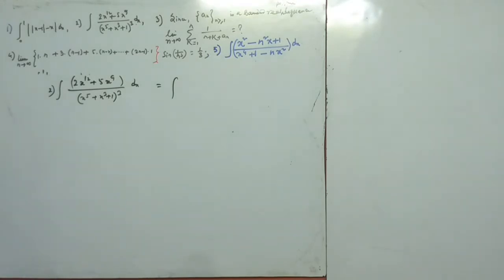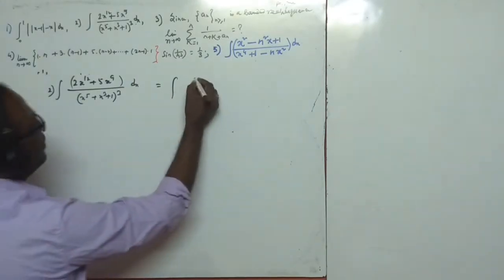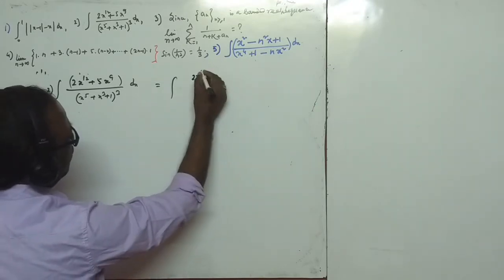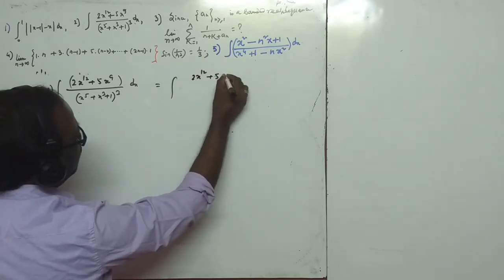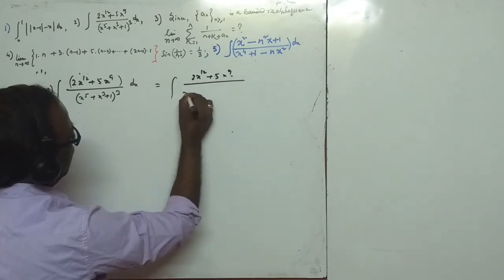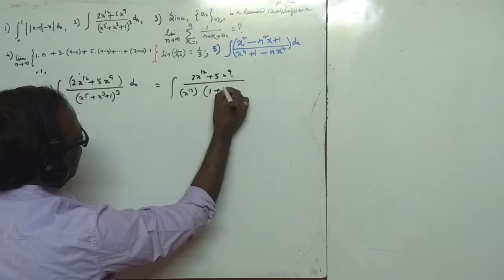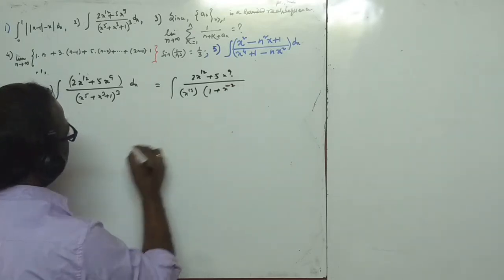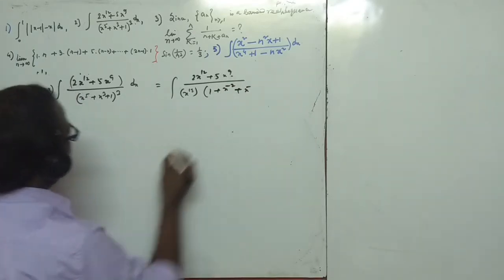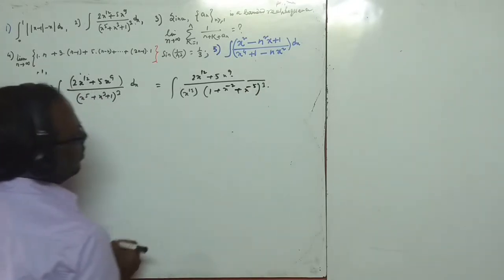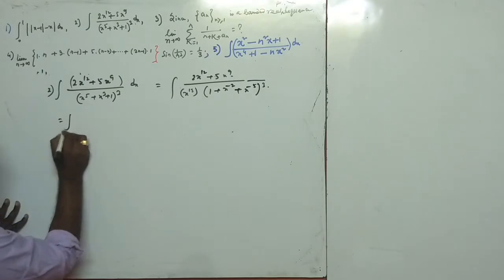In this problem, take a common x to the power 5 from the denominator. So what happens here? 2 into x to the power 12 and 5 into x to the power 9, now divided by x to the power 15, and the denominator is 1 plus x to the power minus 2 and x to the power minus 5, whole cube, divided by x to the power 15.